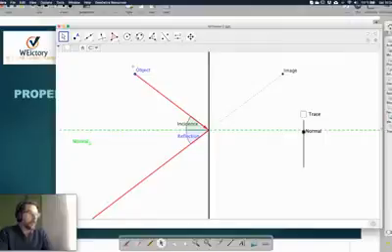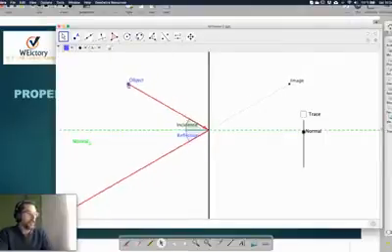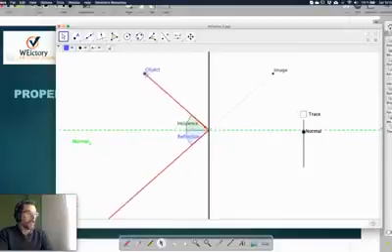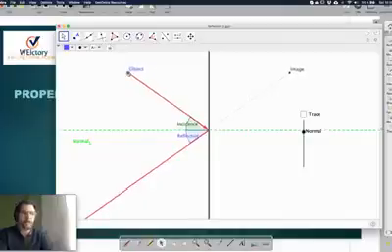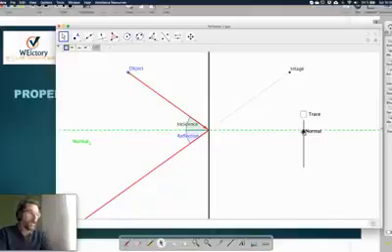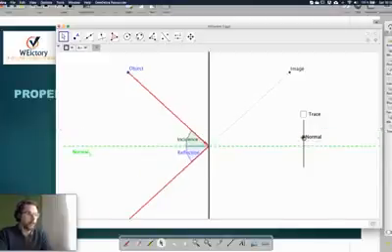Now, if I change the position of the object, of course, the position of the image will change, will follow the object. That is what you experience every day when you move in front of the mirror. And if we take a second to analyze how a different ray will be reflected, all I have to do is change the position of the normal.